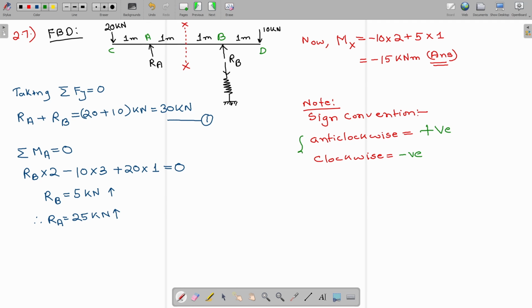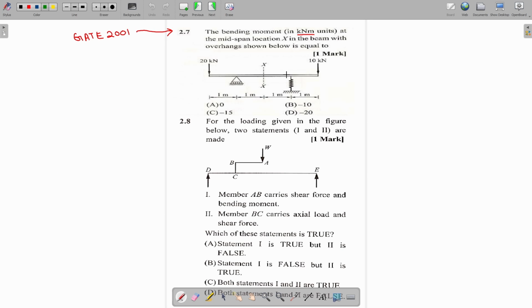This is general. This is important. In some cases you can also reverse this, but in general we always consider anti-clockwise to be positive and clockwise to be negative. Okay, so our option is option number C, minus 15.